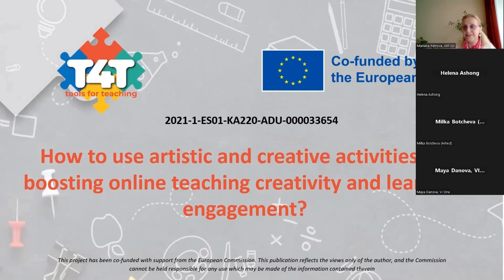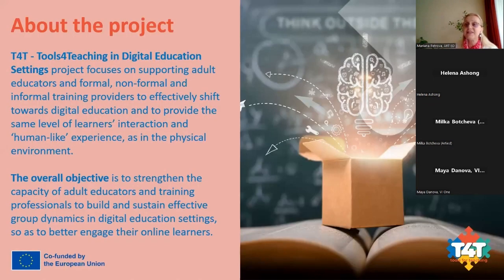The third part will present the 3 activities which we developed under our T4T project: one warm-up activity, one energizing activity, and one wrap-up activity, which use different creative techniques and approaches.